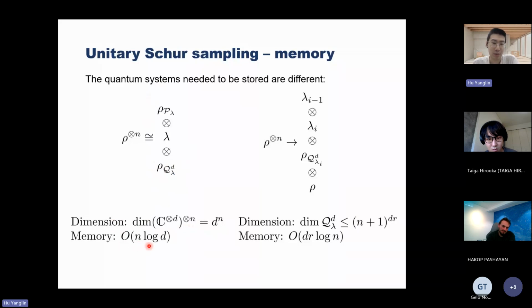And the memory we have to maintain is the logarithm of this, which is n log d.